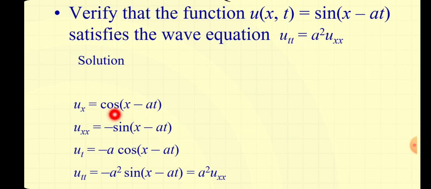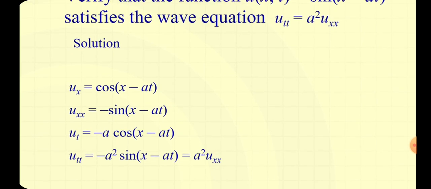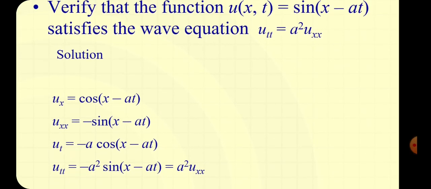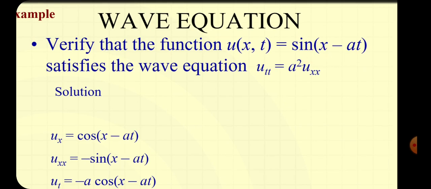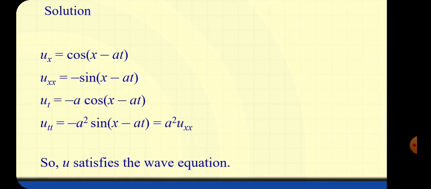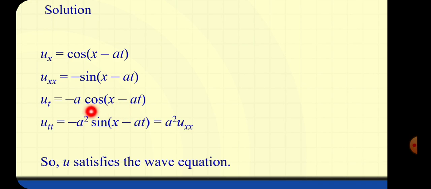U double x, derivative of this function with respect to x, so derivative of cosine is negative sine of x minus at times derivative of what is inside, which is 1. Ut, derivative of this function with respect to t, derivative of sine of x minus at is negative a cosine of x minus at, negative a because derivative of what is inside with respect to t is negative a.